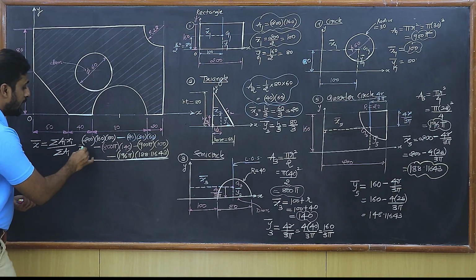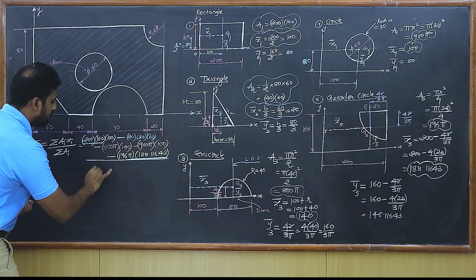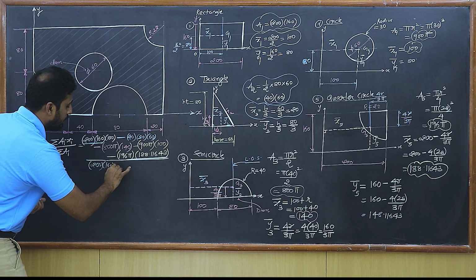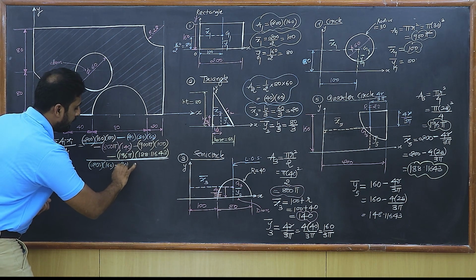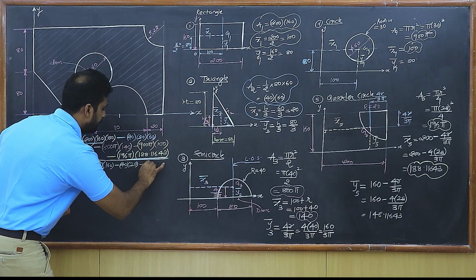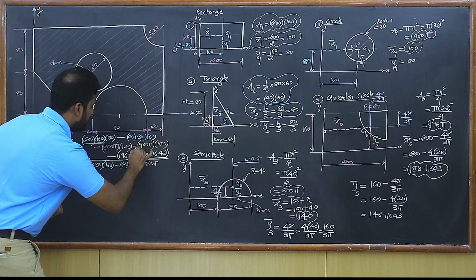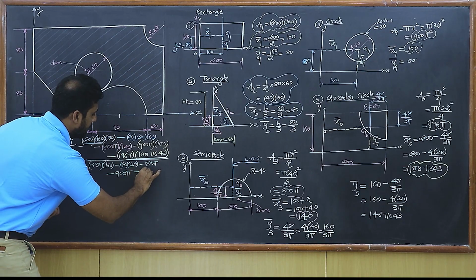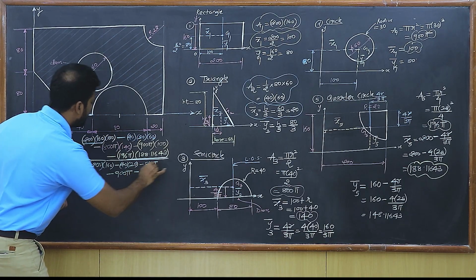So that's 200 into 160. Then students, minus 40 into 20. Then the next one is minus 800 pi. Then the next one is minus of 900 pi. And finally, I have minus 196 pi.